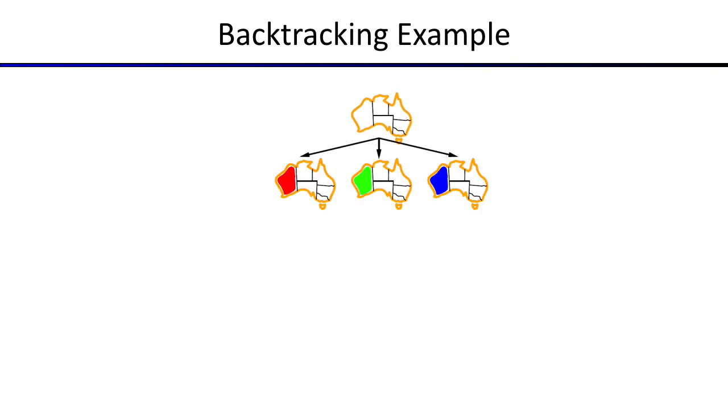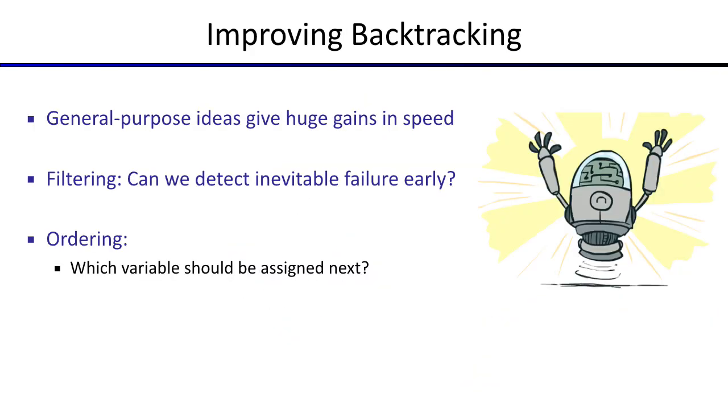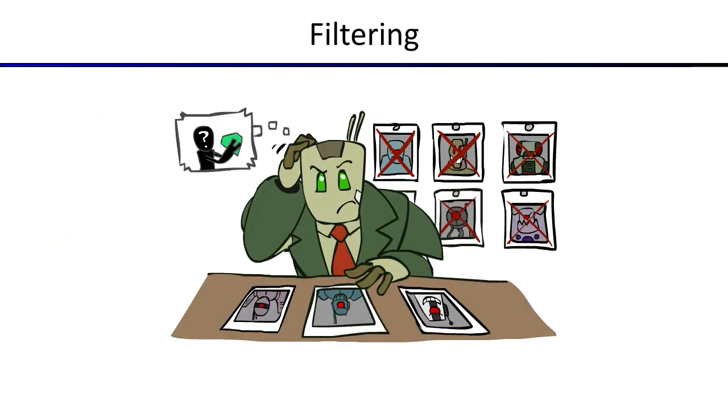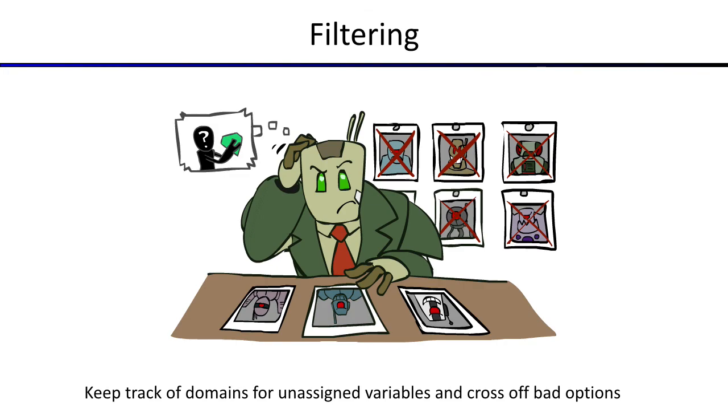Here's an idea for how to fix it. It's called filtering. The idea behind filtering is for variables that you haven't assigned yet, keep track of all the remaining values in their domains, values that don't yet violate any constraints.